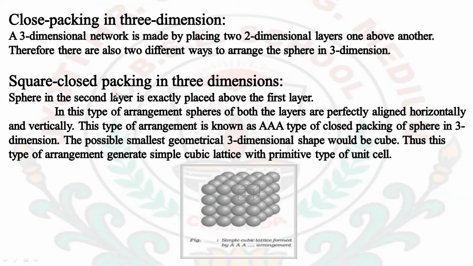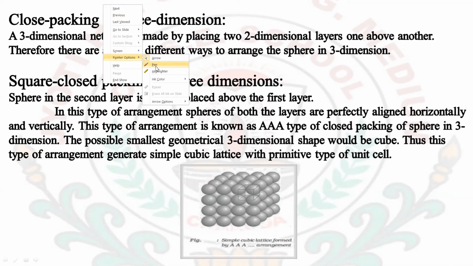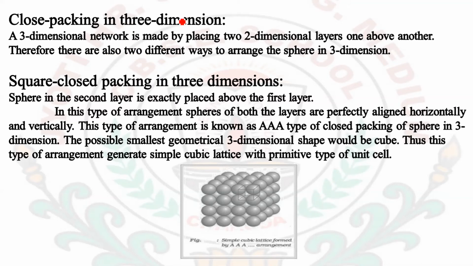Next, close packing in three dimension. Now let's move to the major or final part, where we arrange this packing into 3D form. A three-dimensional network is made by placing two-dimensional layers one above the other. Therefore, there are also two different ways to arrange the spheres in three dimension.